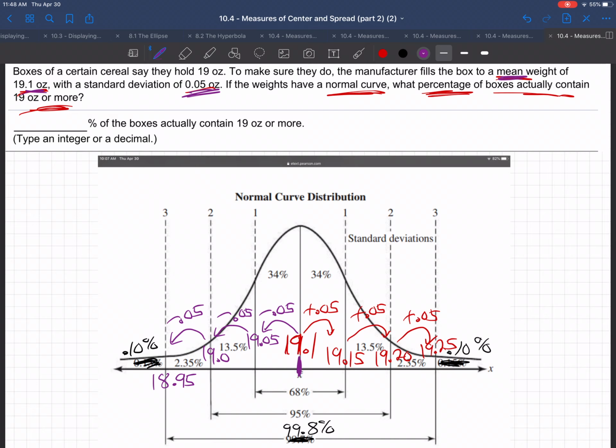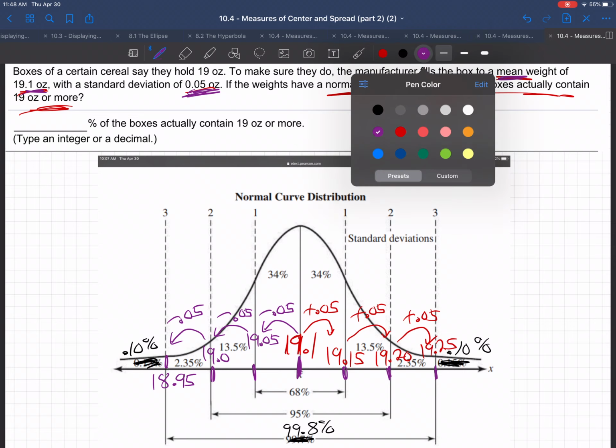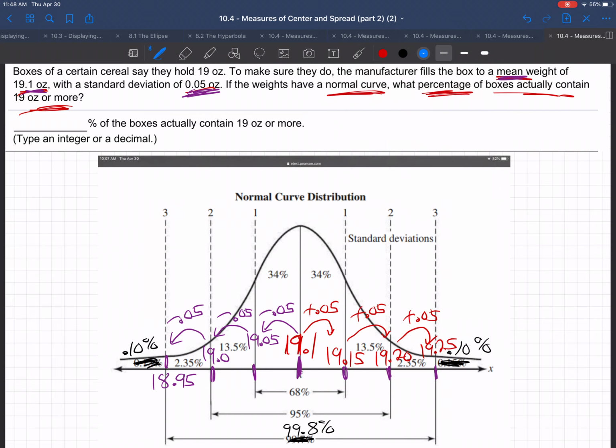So I just started with the middle, 19.1, because they told me that was the mean weight. That's the average weight the machine fills the boxes. And then standard deviation was 0.05, so like a number line, every jump to the right, I added 0.05. Every jump to the left of the middle, I subtracted 0.05. Now, what's their question? What percentage of the boxes actually contain 19 ounces or more? Well, here's 19 right here. 19 or more.